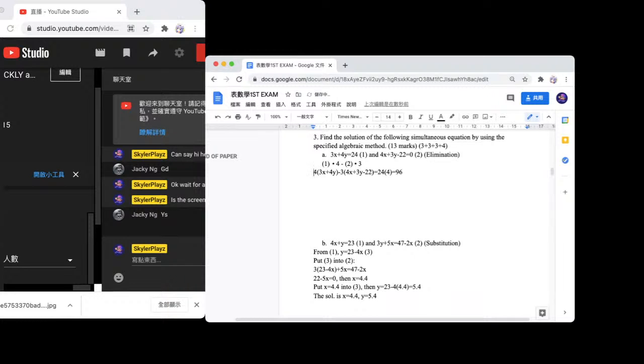And then we can eliminate the x term. As you can see, this is 12x and this is negative 12x. So both of these will cancel. The only thing left is 16y minus 9y plus 66 is equal to 96.